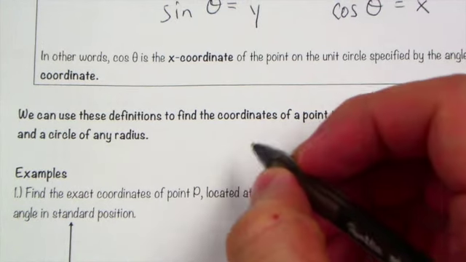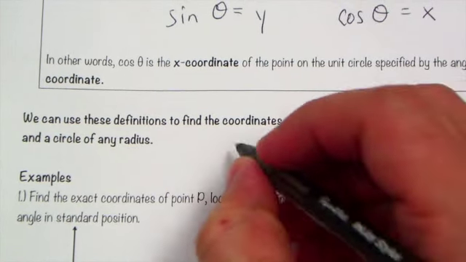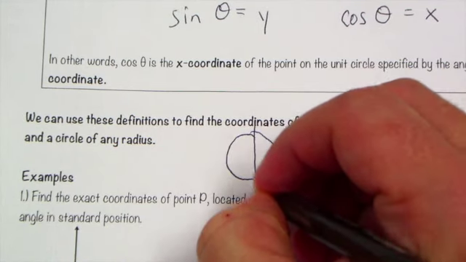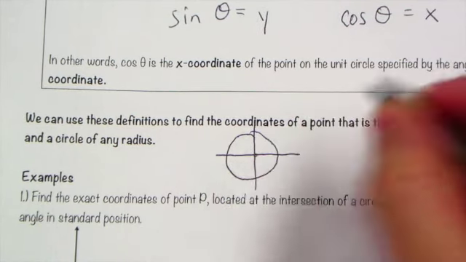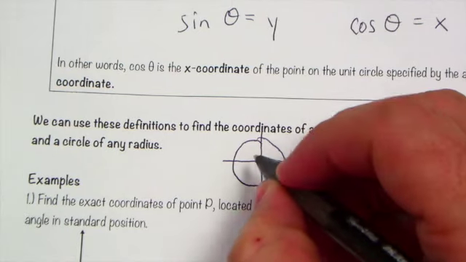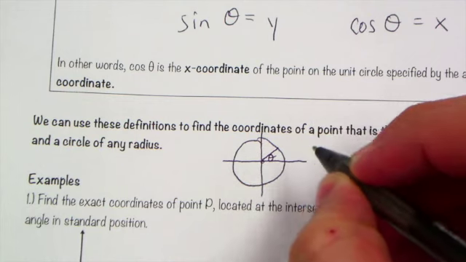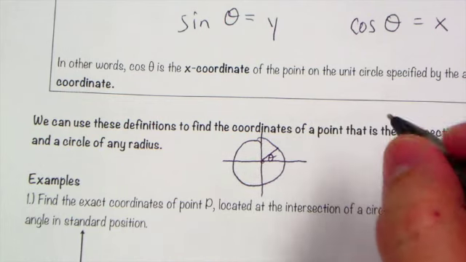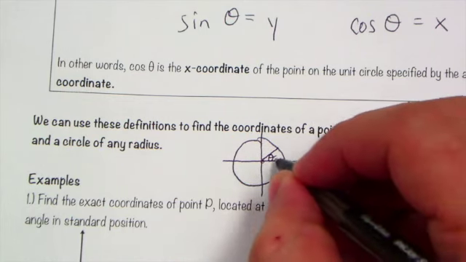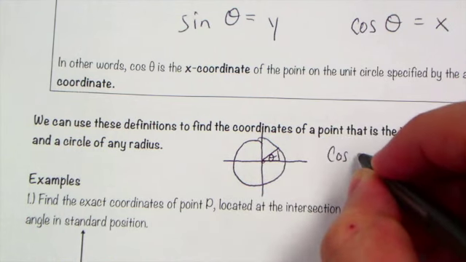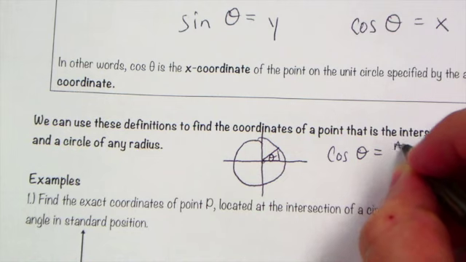So I'm going to draw just in here a circle. If I have a circle on a coordinate system, when you go to do a particular angle theta, the cosine of theta equals adjacent over hypotenuse.